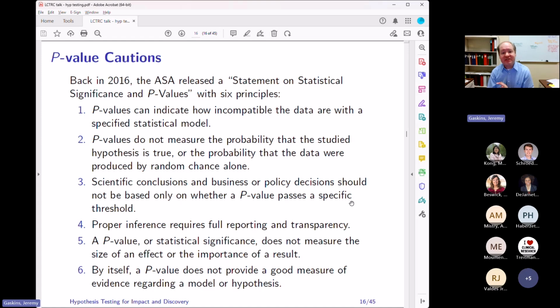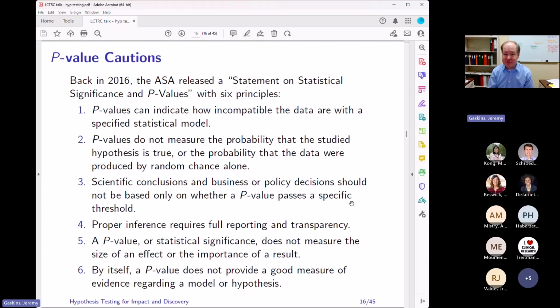Back in 2016, the ASA, the American Statistical Association, the main professional group for statisticians, released this statement on statistical significance and p-values, and they proposed 6 fundamental principles that all scientists should be thinking about and should use when they are encountering and utilizing p-values and our standard hypothesis testing framework. I think these are important, so I want to bring them to the group today.